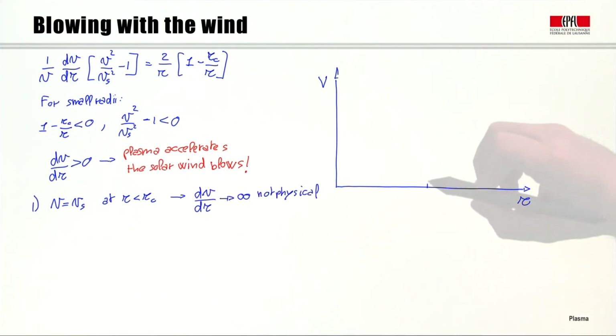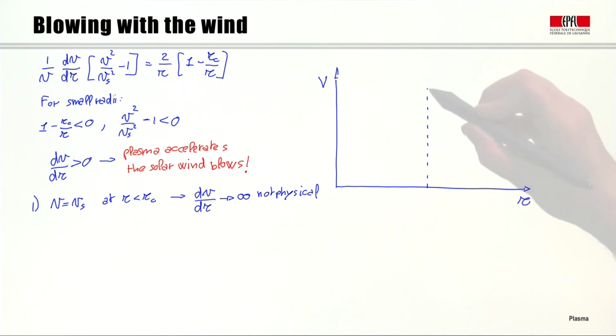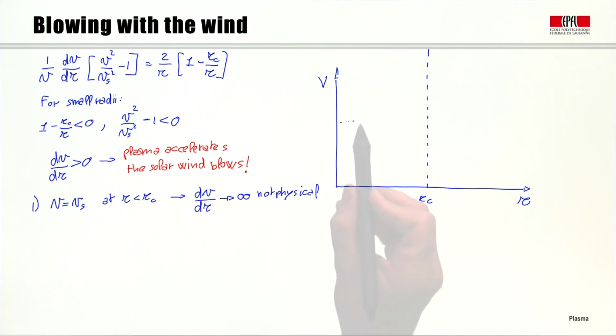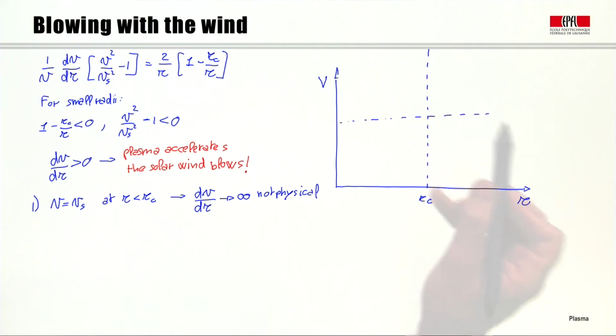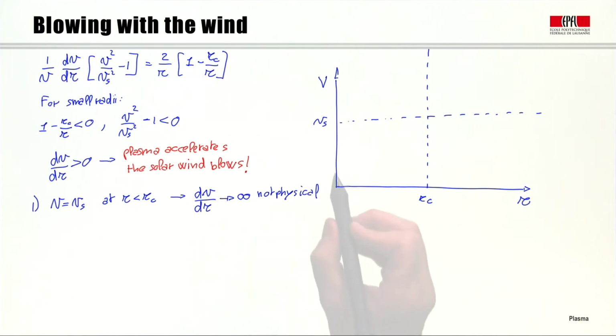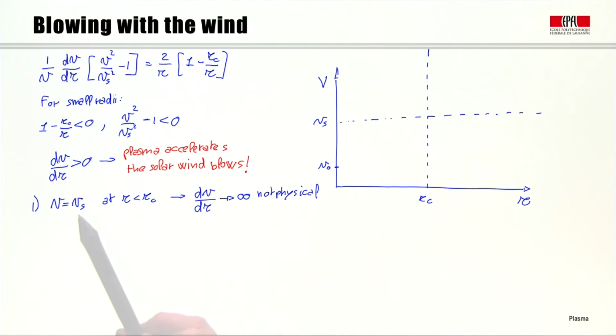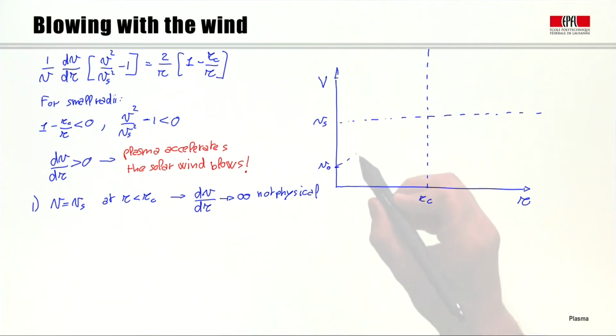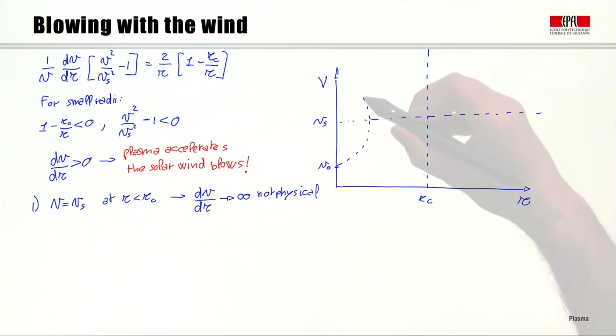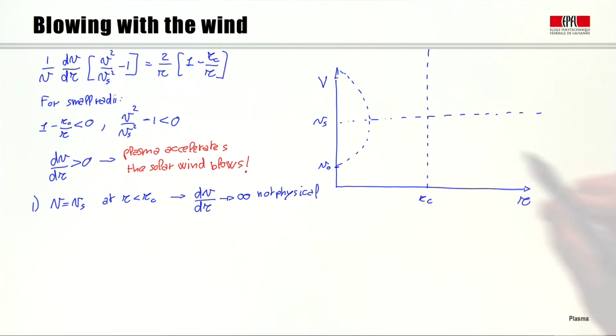On a velocity versus radius plot, let's identify the critical radius RC and the sound velocity Vs. If the solar wind starts at a certain velocity V0 and it reaches the sound speed at a radius which is smaller than the critical radius, dV over dr will go to infinity, and this is a non-physical solution which is outside the scope of this simple fluid treatment, which would result in a trajectory schematically drawn here.